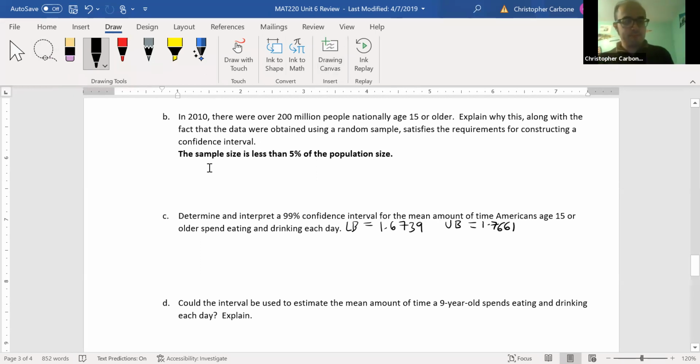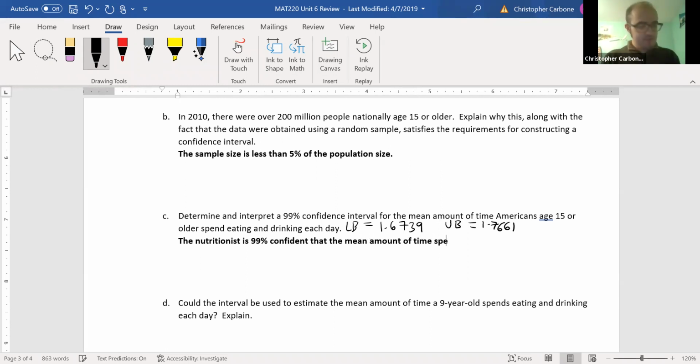So this is going to be the nutritionist is 99% confident that the mean amount of time spent eating and drinking, eating or drinking, I should say, gotta be consistent.